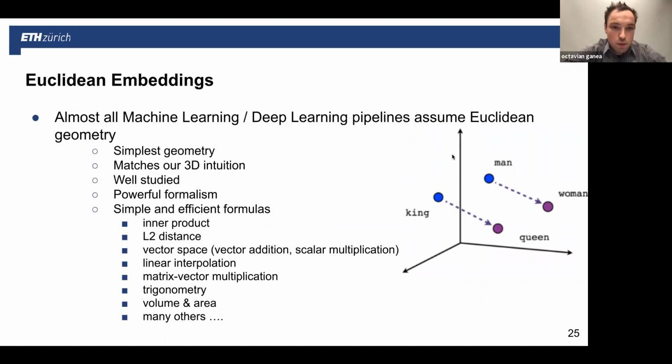It matches very well our 3D intuition. It's well studied. It's a powerful formalism. It has very simple and efficient formulas, like inner product, L2 distance, vector addition, scalar multiplication, linear interpolation, and so on. These are very computationally efficient, and they work very well.